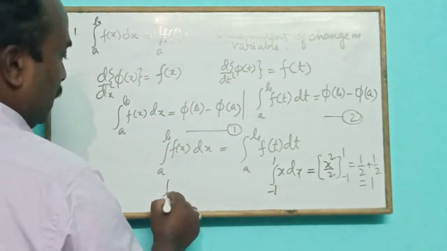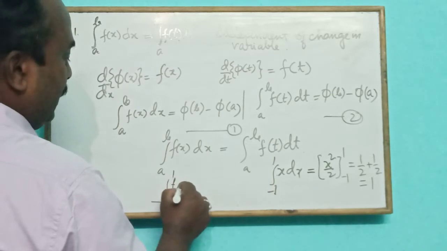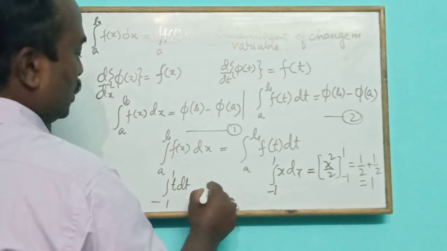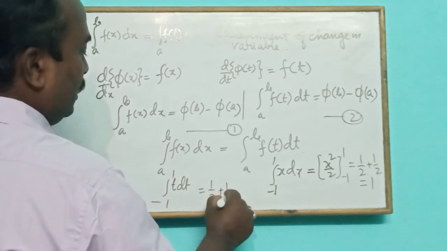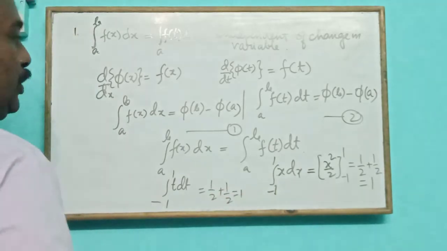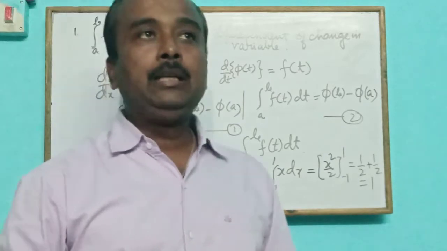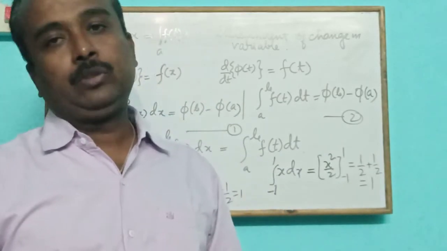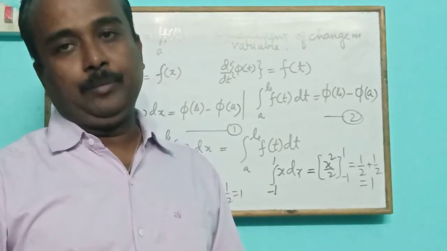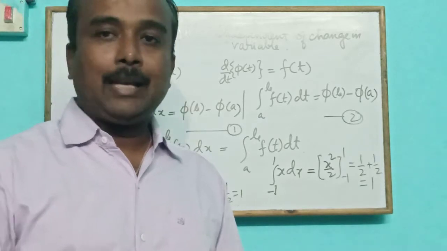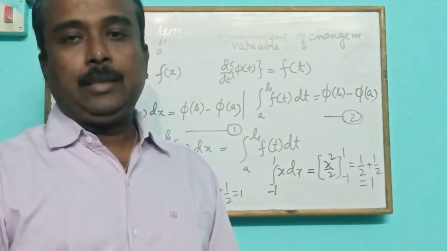And integral from minus 1 to 1 of t dt will also be half plus half, which is also 1. This shows that the definite integral is independent of the change in the variable. So let us see the next property in the next section of the video.